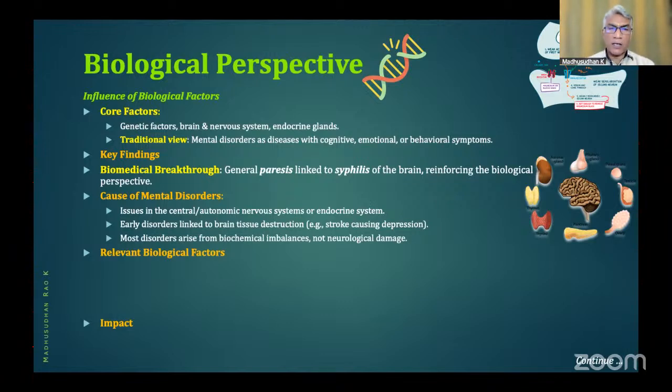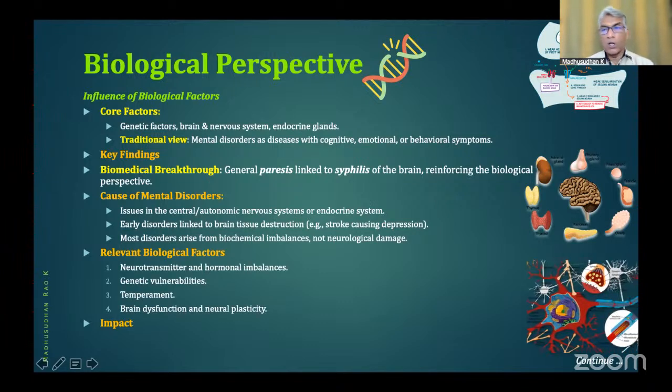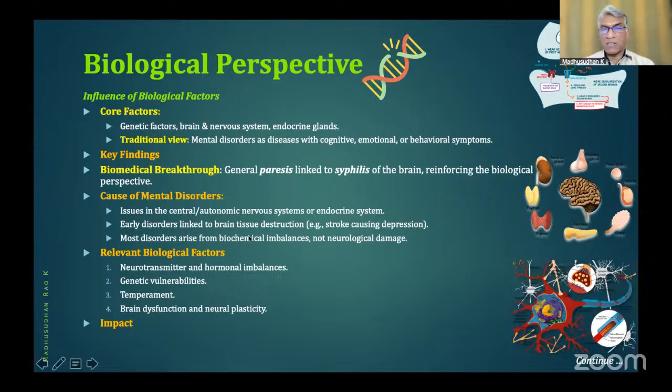Most disorders arise from biochemical imbalances, not neurological damage. That is the reason I've presented this image of biochemical imbalance, where a lot of hormones are released. If there is an imbalance, the chances of maladaptive behavior are more. So what are the relevant biological factors? Neurotransmitters, as I said, messengers, and hormonal imbalance, genetic vulnerabilities and temperaments, brain dysfunction, and neural plasticity.